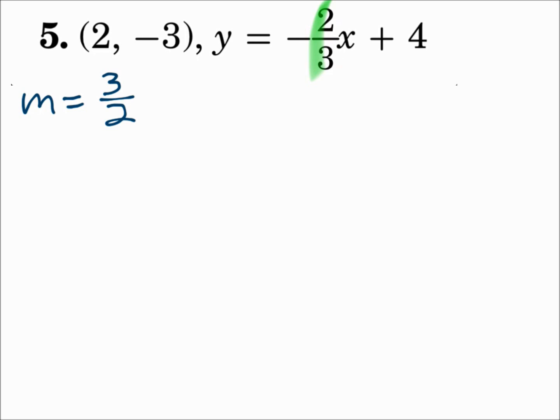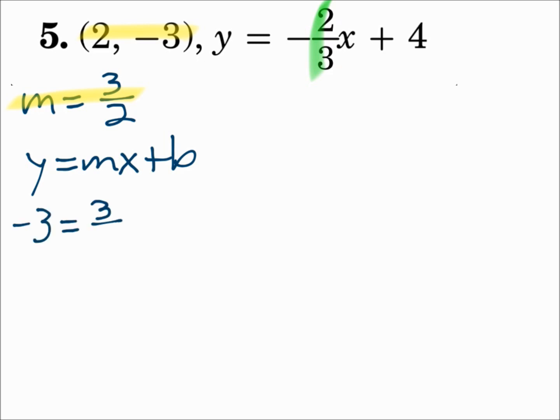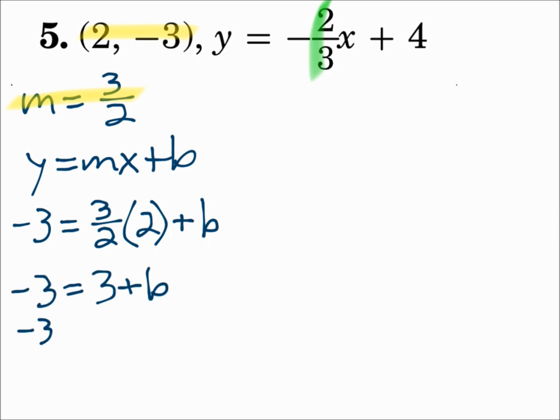Now use the point and that slope to find b. Y is -3, m is 3/2, x is 2, plus b. When you solve for b, you get -6. b is -6, m is 3/2.